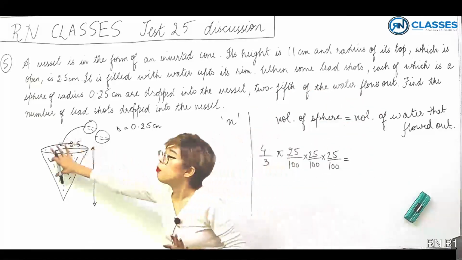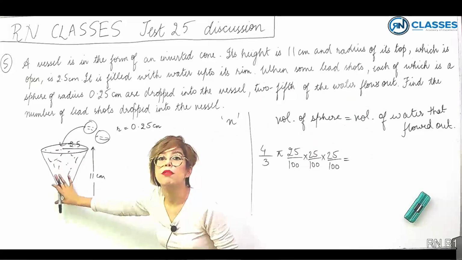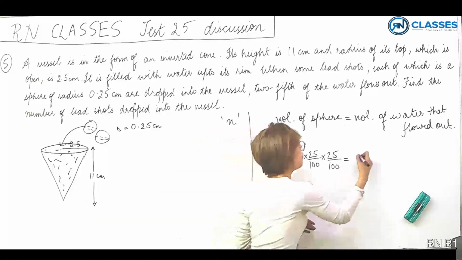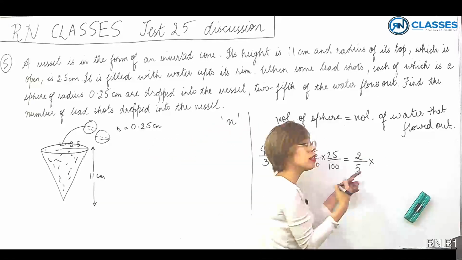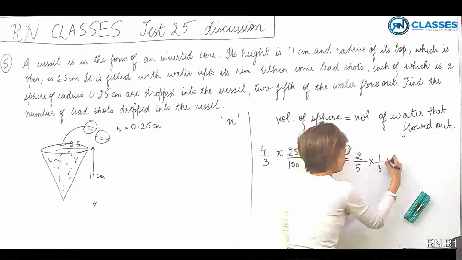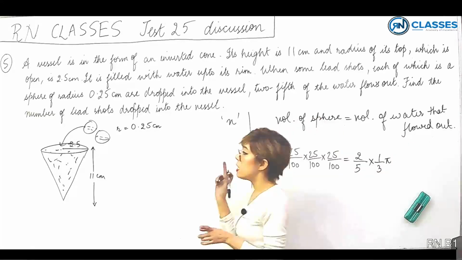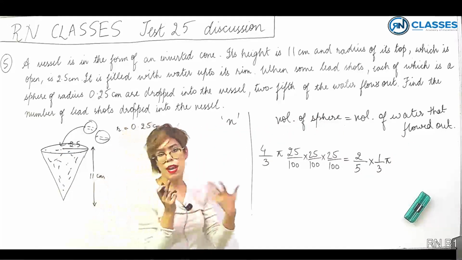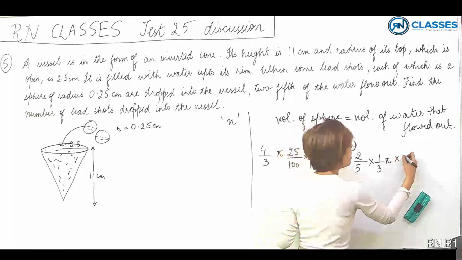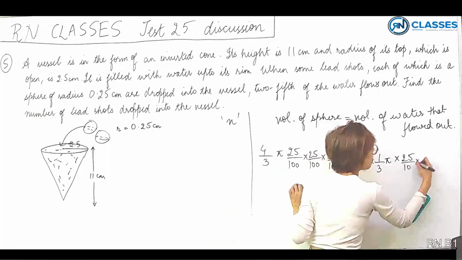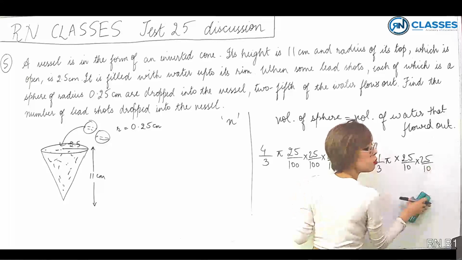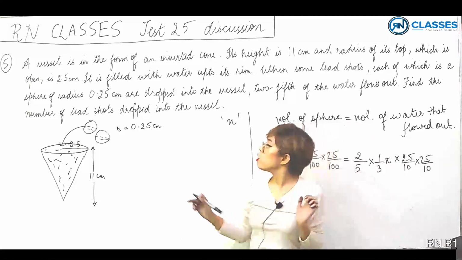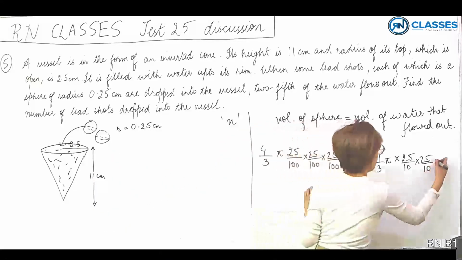So 2/5 of what? 2/5 the volume of the cone. So volume of the cone is 1 by 3 pi r squared h. Now r, radius of the cone, is 2.5, or I can say 25 by 10 into 25 by 10 into the height, which is 11.